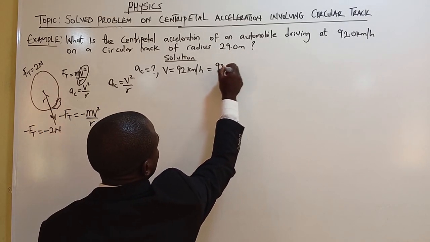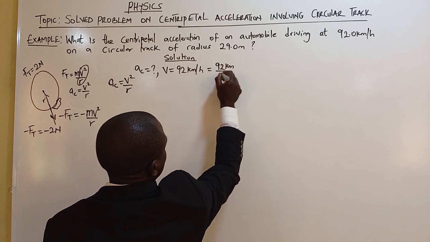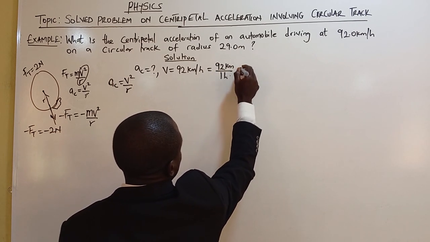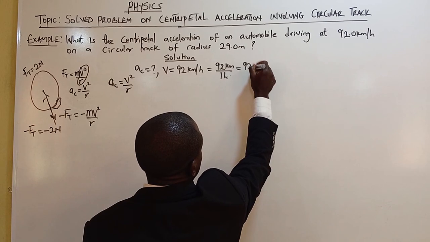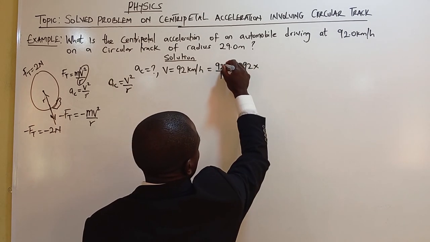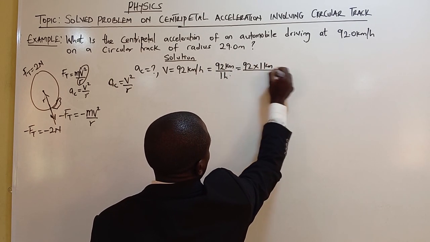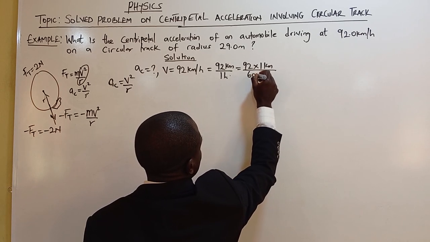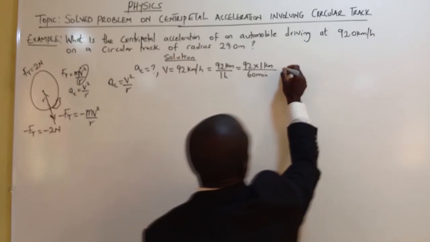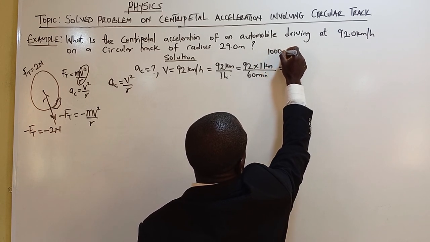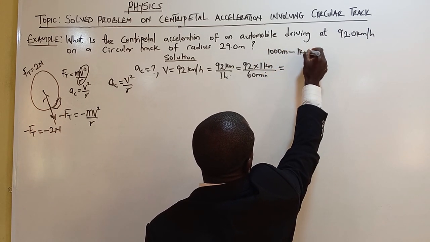Don't forget that 92 kilometer, let's just raise it up, over 1 hour, times 1 kilometer over 60 minutes. 60 minutes make 1 hour. And don't forget that 1000 meters make 1 kilometer.